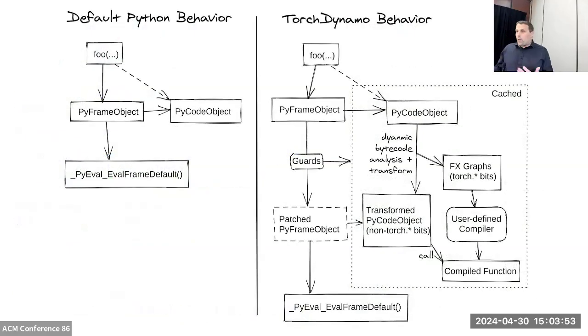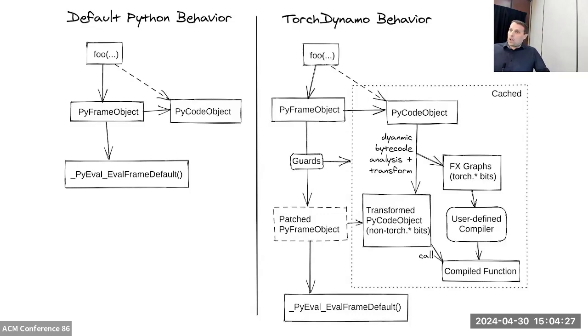And so the front end for Torch Compile is called Torch Dynamo. The way Torch Dynamo works is it's a just-in-time compiler for CPython. And we modify the way the CPython interpreter works. So every time CPython is going to evaluate a frame of bytecode, rather than interpreting that frame of Python bytecode using PyEval default, Torch Dynamo takes control, and it does a symbolic analysis based on the real runtime inputs.